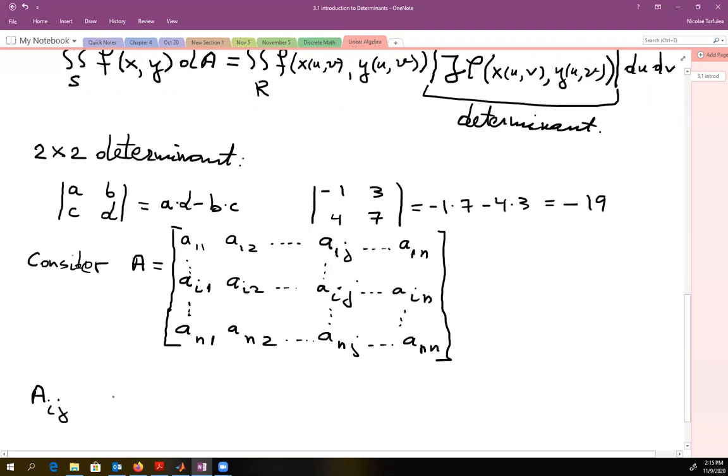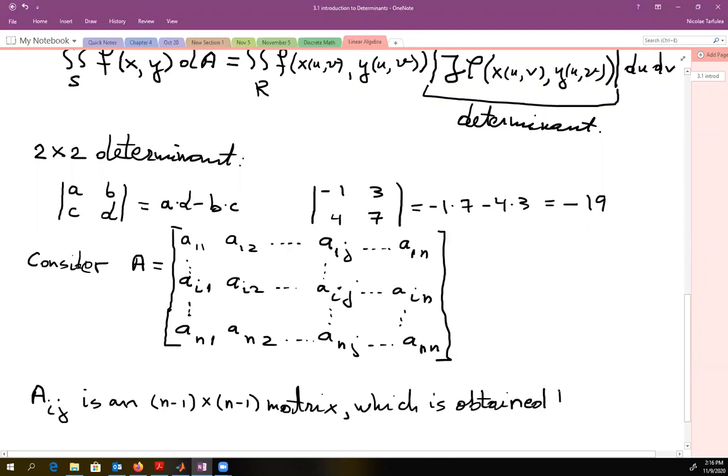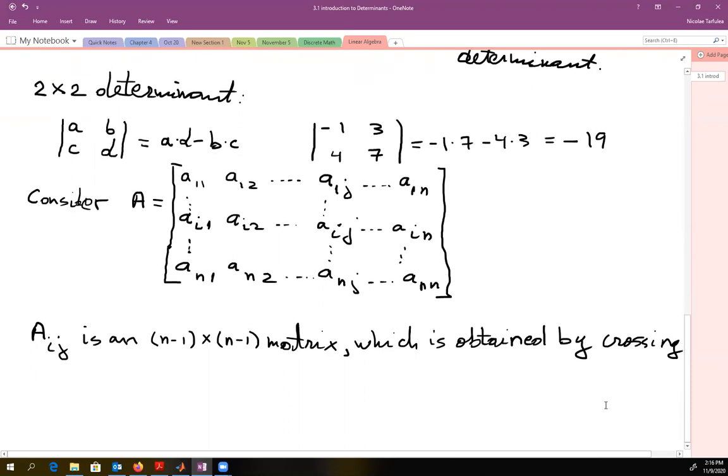This is an n minus 1 by n minus 1 matrix associated to our matrix A, which is obtained by crossing out row i and column j.